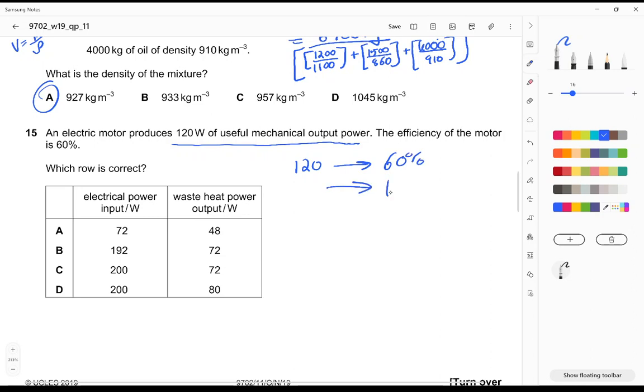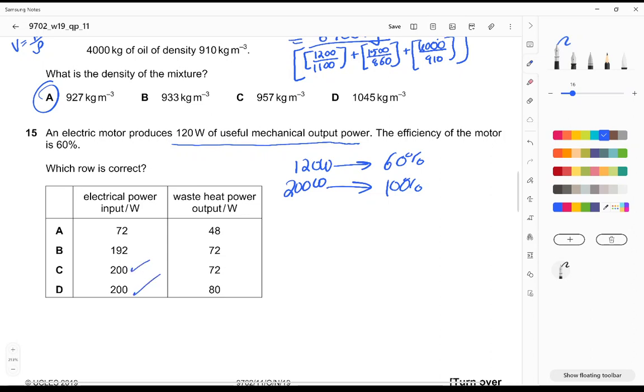We can go for 100% to find the input. So that should be 100 multiplied by 120 watts divided by 60, and that gives me 200 watts. So this or this could be the right answer.